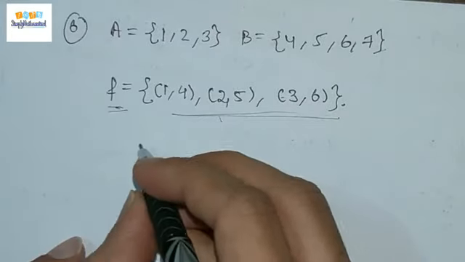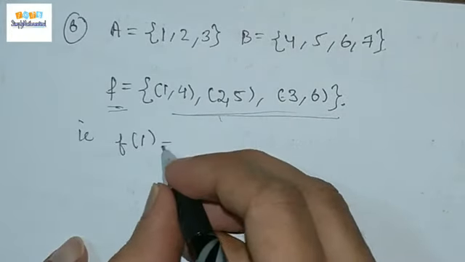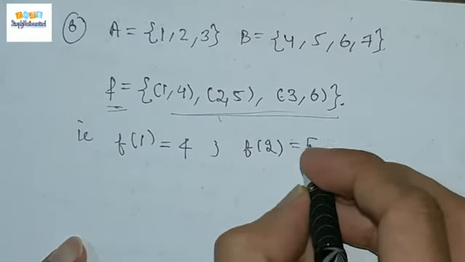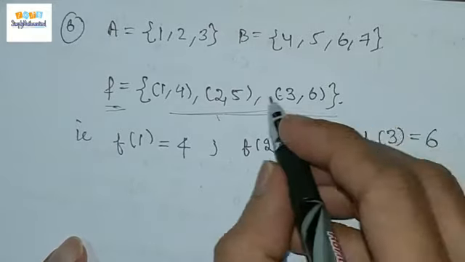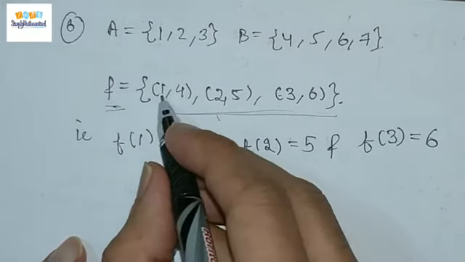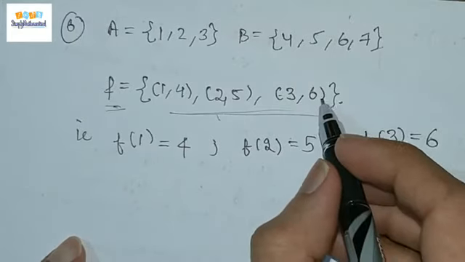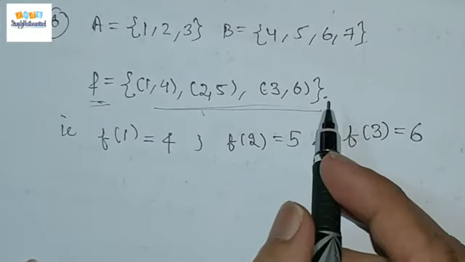Now what do you mean by this? This means that f at 1 is equal to 4, f at 2 is equal to 5, and f at 3 is equal to 6. That is the meaning of this.